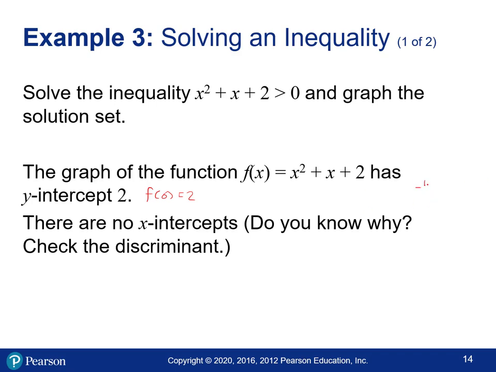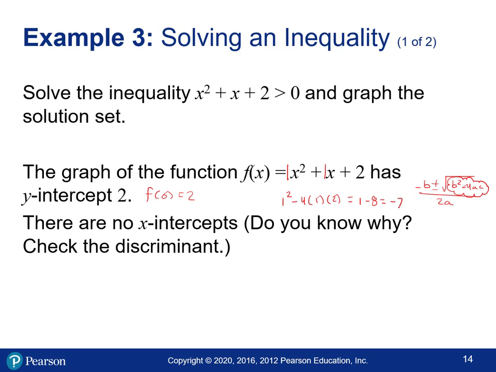If you look at your quadratic formula, but really if you just focus on the part of the square root, that's called the discriminant. And if you just focus on this part and you plug in a, b, and c, for us a is 1, b is 1, and c is 2, that's going to look like 1 squared minus 4 times 1 times 2, which is going to be 1 minus 8, which is negative.